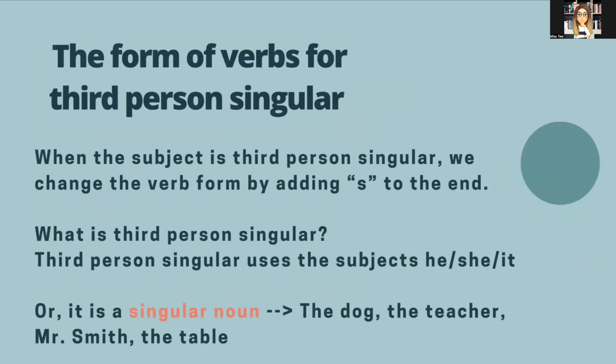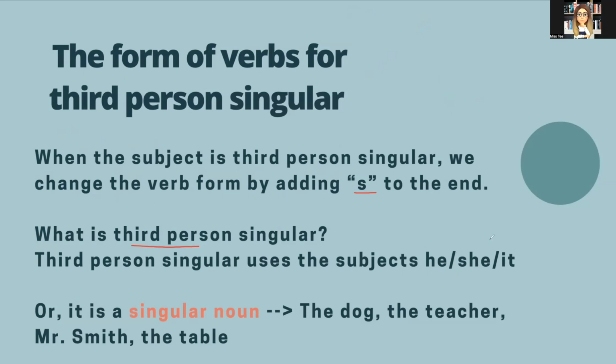The form of the verbs for third person singular. So this is what we were talking about before. When the subject is third person singular, we change the verb form by adding S to the end. And again, third person singular, what is it? Third person singular uses the subject pronouns he, she, it.